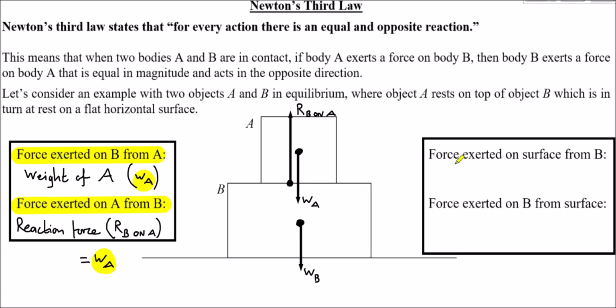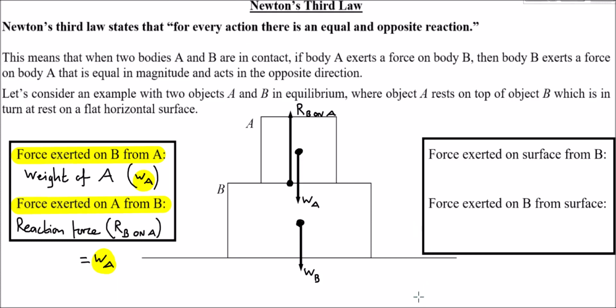So let's go forward now and think about this one. So what's the force exerted on the surface from B? Well, if we have a look at this here, we can now consider it as like two rectangles, two squares, but considered as one. Obviously we need to know though that ultimately this force on the ground is acting through B, because B is in contact with the ground, isn't it?